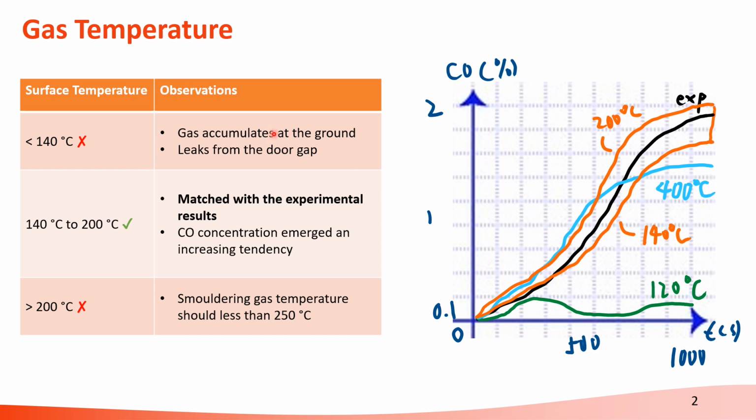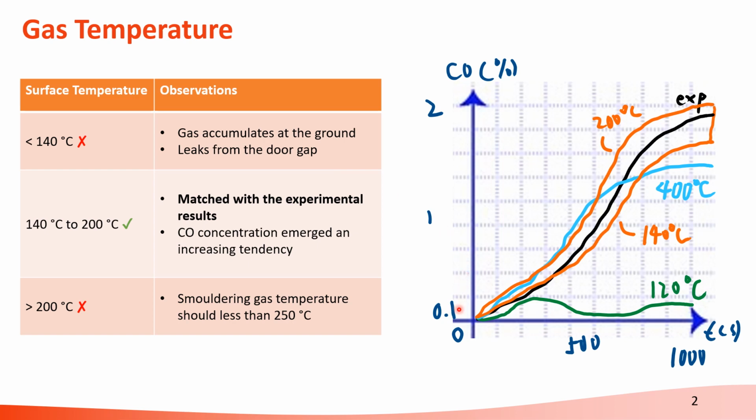If the surface temperature is lower than 140 degrees Celsius, let's take a look at the green curve. Since the thermal buoyancy force due to the temperature difference between the CO gas and the ambient temperature was not large enough, the gas accumulated at the ground and leaked from a door gap at a constant rate.